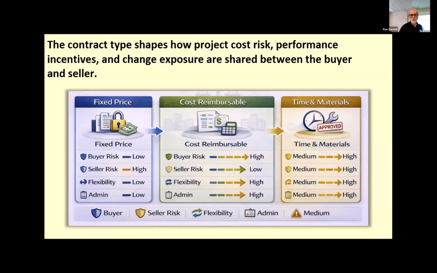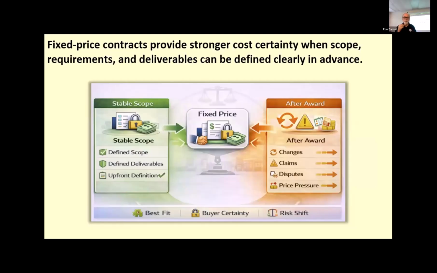So a well-chosen contract type, by contrast, supports clearer expectations and better alignment between project needs and behavior. Fixed price contracts work best when scope and delivery are well defined, as I mentioned. A fixed price contract provides stronger cost certainty when scope, requirements, and deliverables can be defined clearly in advance.